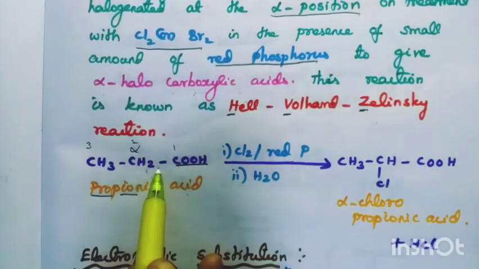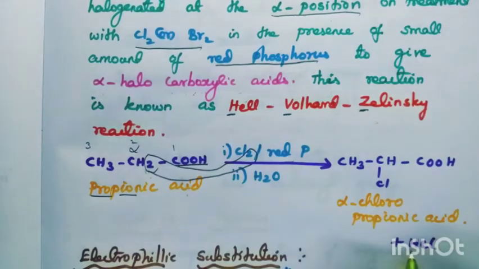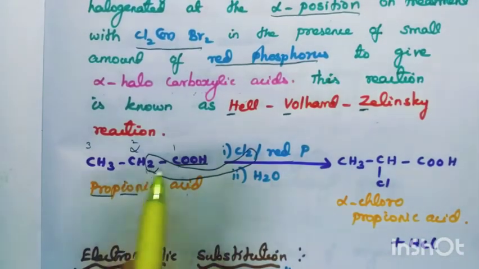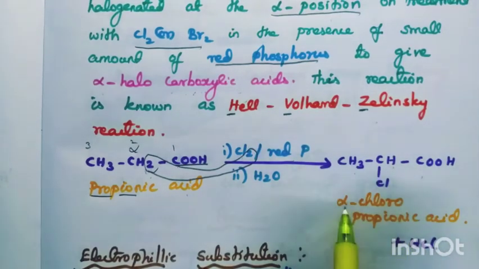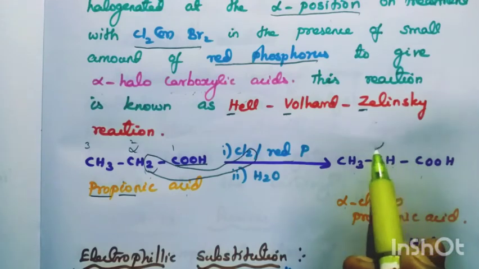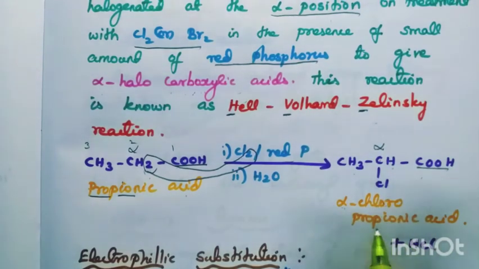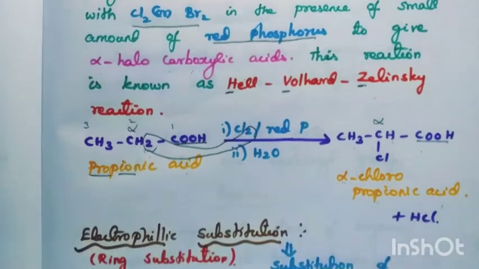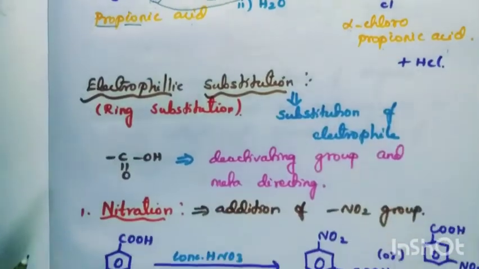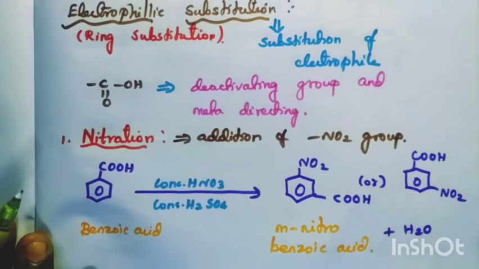So one hydrogen and Cl go out as HCl, and instead of one hydrogen, Cl is added. So CH3CHClCOOH is alpha chloro propionic acid. And next we are going to see the electrophilic substitution reaction.